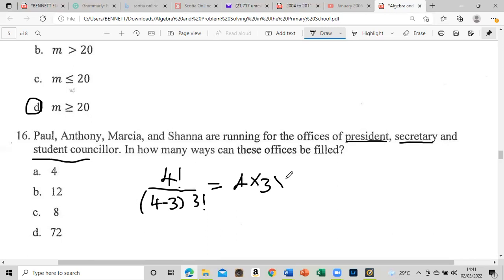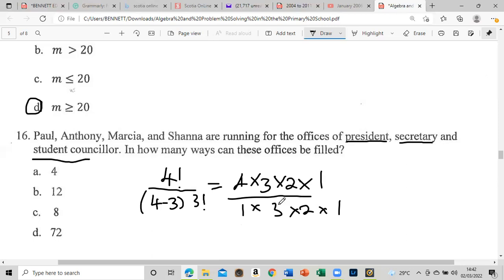When you go to college and do permutation and combination, you will understand it. And this will be 1, 4 minus 3, and then this now would be 3 times 2 times 1. Factorial only means start at the number and go down, multiply, go down.